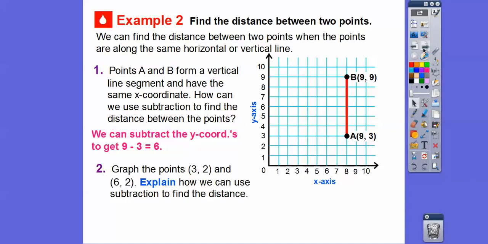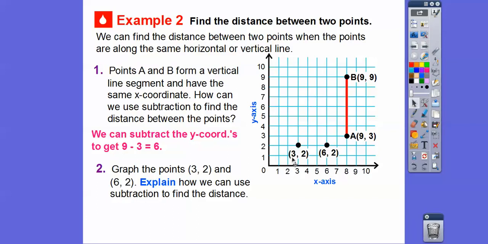All right, now let's do the same thing except with these 2 points. Let's graph the points 3, 2 and 6, 2, and explain how we can use subtraction to find the distance. So 3, 2 is over to the right 3, up 2. This one's going to be over to the right 6, up 2. We always start at the origin. And how can we use subtraction?